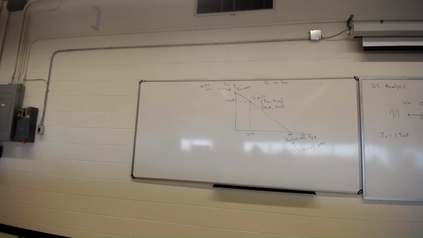Now, because the signal goes in at the base, comes out at the collector, and the emitter is not used, we refer to this type of circuit as a common emitter amplifier, because we're not using the emitter for input or output.